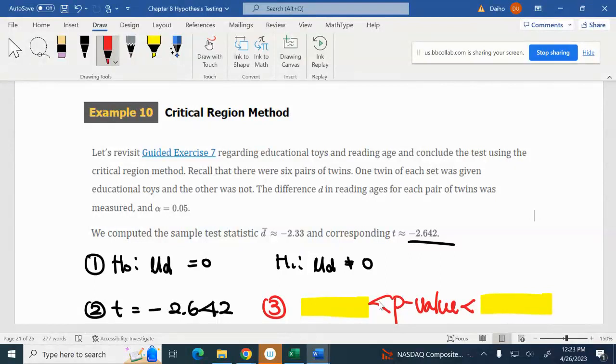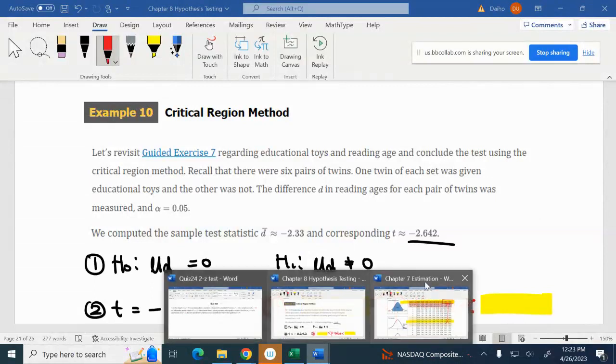Everything is based on the differences. When I take the 6 and 6, that's 12 children, but when we take the differences, we get 6 differences. Minus 1 will be 5. 6 pairs. Yeah, the degrees of freedom must be 5.